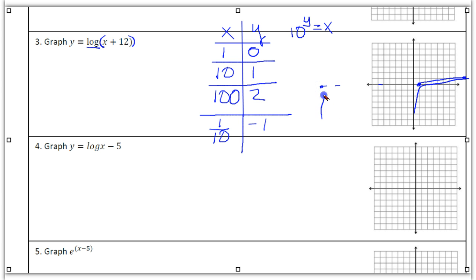So this graph now will look like so, just shifting that over 12 spaces, and our vertical asymptote now will be negative 12. Remember, our vertical asymptote here was 0.